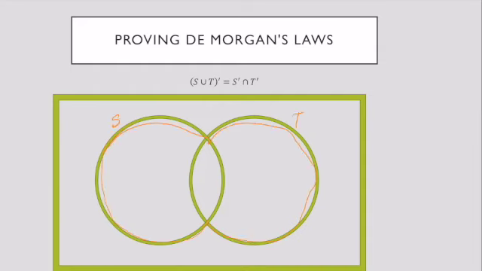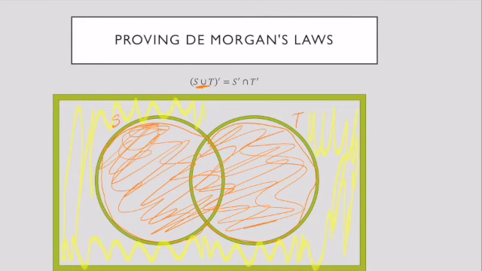This is S union T. But I don't want S union T. I want S union T complement. So S union T complement is going to be everything out here. Everything outside of S and outside of T. It's going to be all this beautiful space right here.